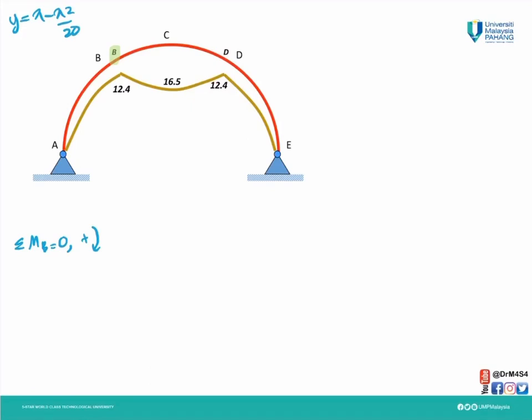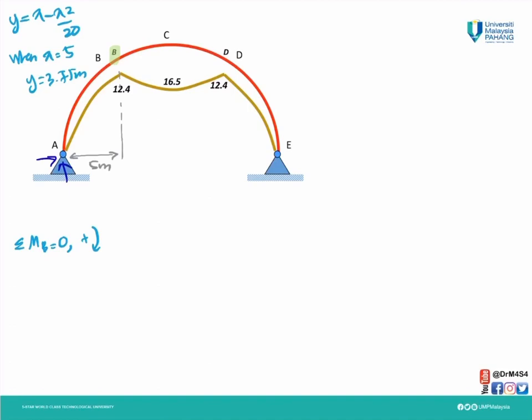From our case, we know this position is 5 meter. So substitute in that. When x equal to 5, we have y 3.75 meter.